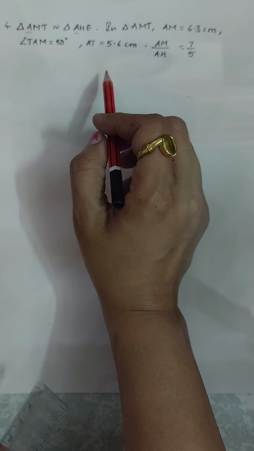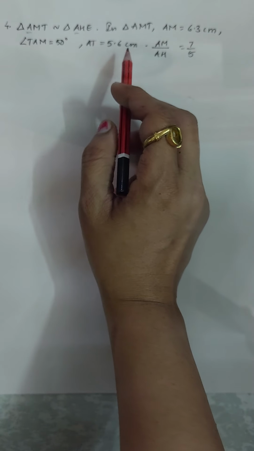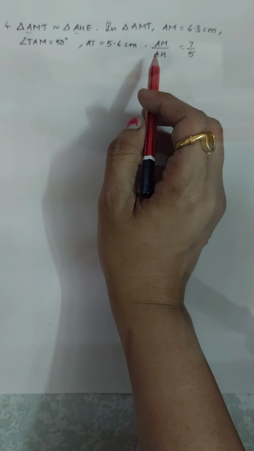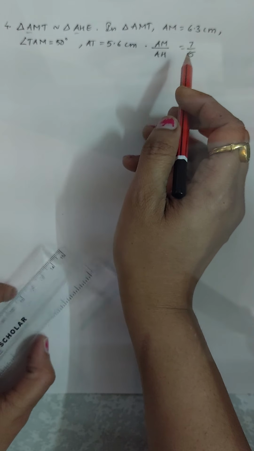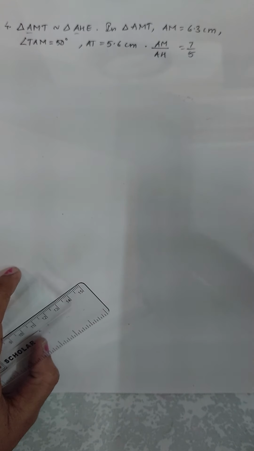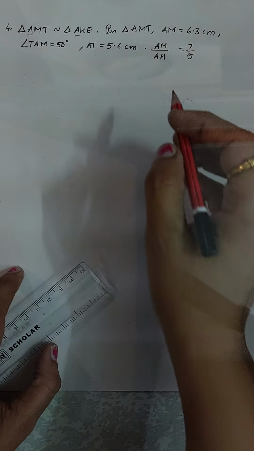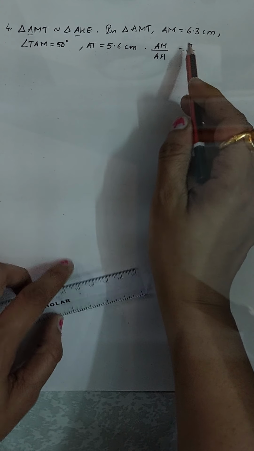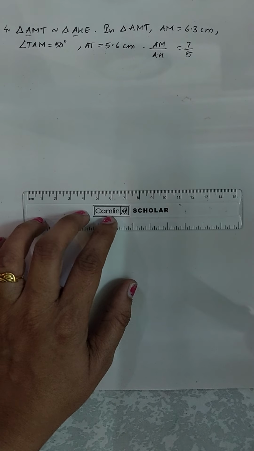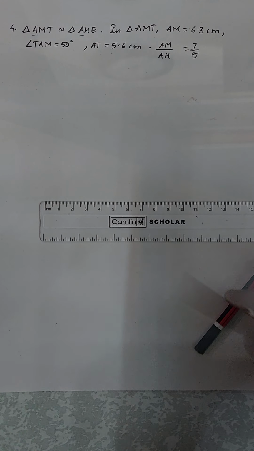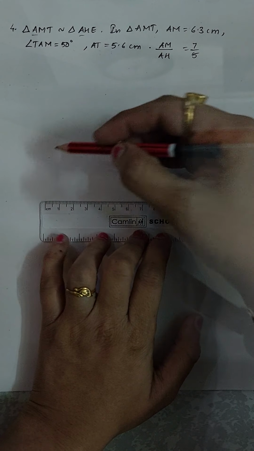Suppose I take AM, how much is AM? AM is 6.3. So I'll first draw base 6.3.